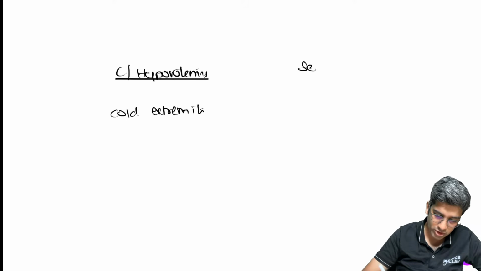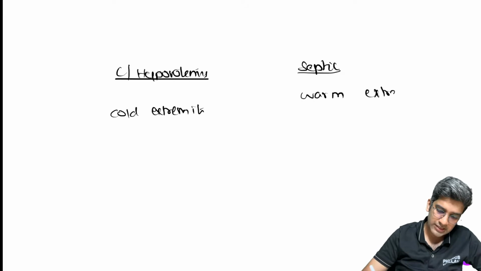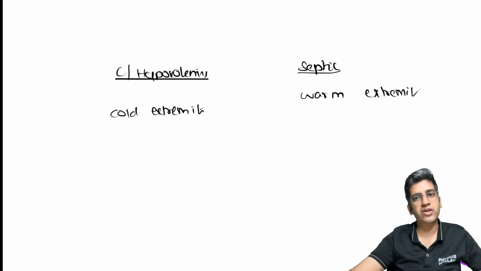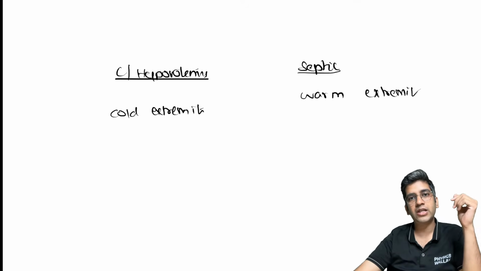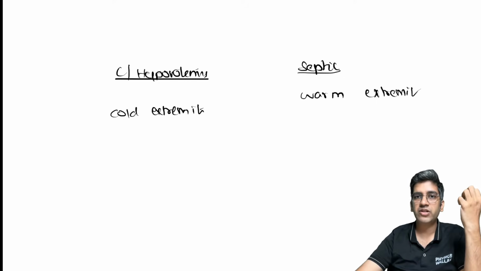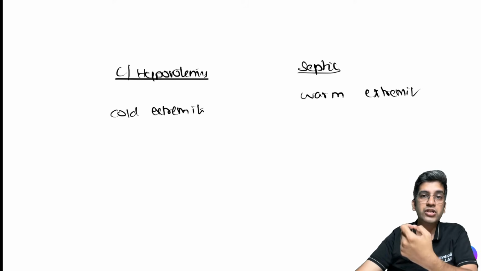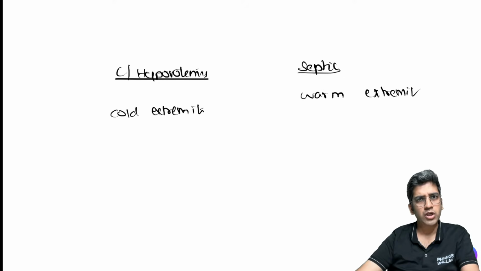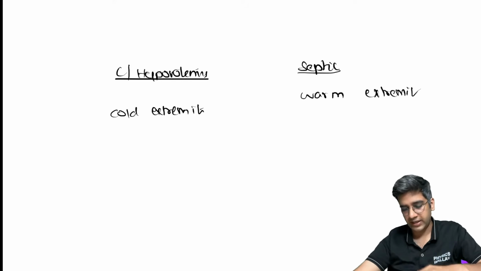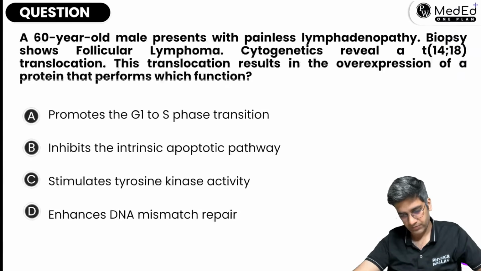A septic shock, on the other hand, will have flushed and warm extremities, because in septic shock the problem is sepsis, and every infection causes vasodilatation and increased vascular permeability. Because of vasodilatation, initially the extremities will be warm. There's an easier way to differentiate. The commonest cause of shock is hypovolemic shock, which can be road traffic accident, hemorrhage, or uncontrolled vomiting and diarrhea. Fine. Okay. Next.